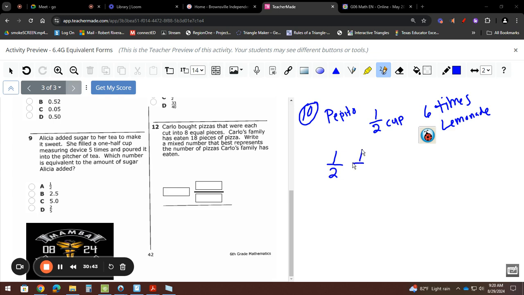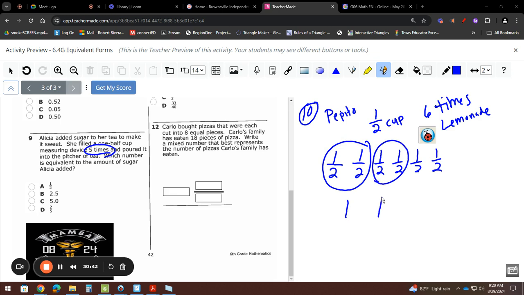So I'm going to go half, half, half, half. 1, 2, 3, 4, 5. One more, 6. In mine, I'm doing 6 times. You are only doing 5 times. So if I fill up this 6 times, this would be what? 1 whole, 2 wholes, 3 wholes.